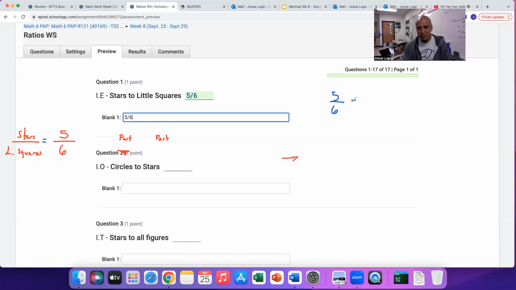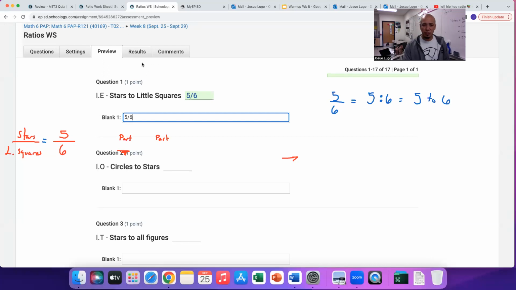So this is the same thing as 5:6. So that's 5 to 6. 5 refers to stars. 6 refers to the little squares. Or I can also write it using words, 5 to 6. All three of these things are saying the exact same thing.